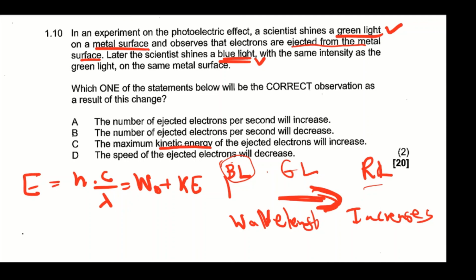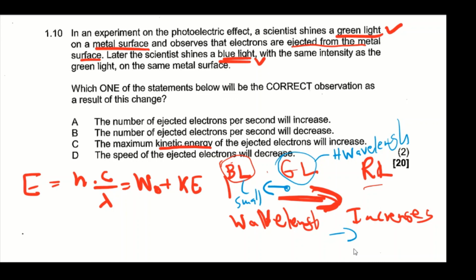Since wavelength increases going in that direction, green light has a higher wavelength compared to the blue light. The blue light has a small wavelength, and we are starting from the green light to the blue light. That's how we are lighting in this experiment.